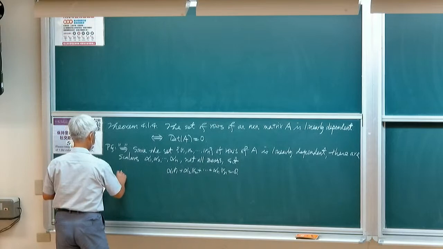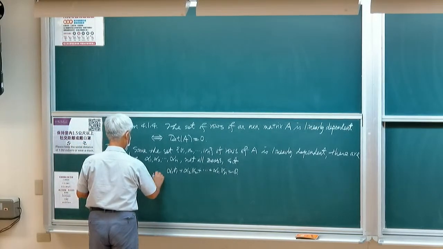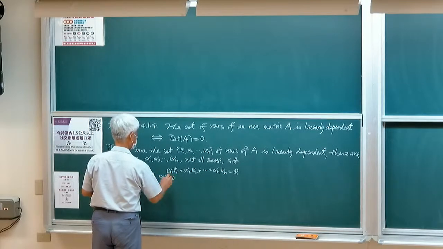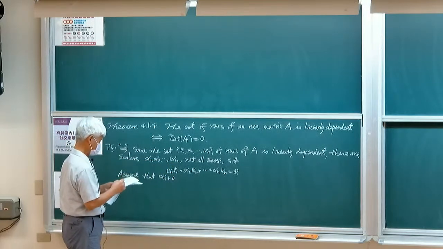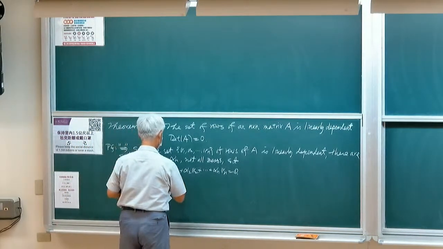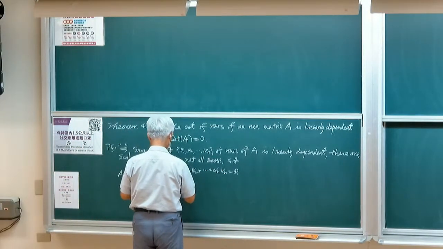So assume that alpha i is not equal to 0. Because one of them is non-zero, we just take our alpha i.